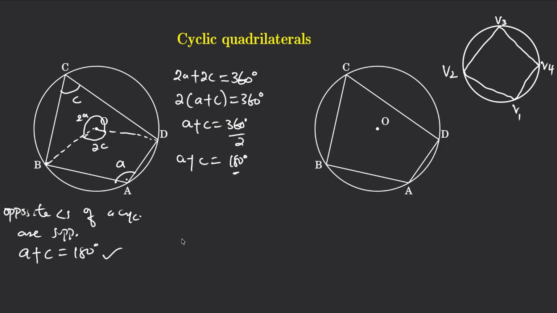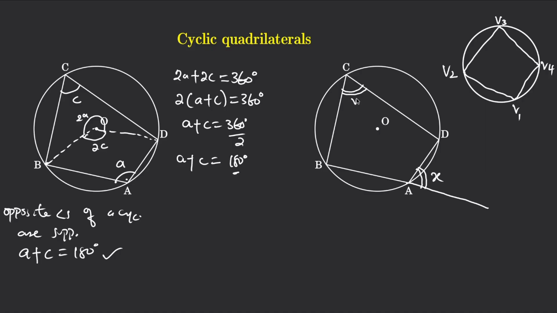Now we have a corollary to that theorem, that if one side of this cyclic quadrilateral is produced, let's say we're trying to produce BA, such that you have an exterior angle, right? So let's call this X. This exterior angle is equal to the opposite interior angle. Let's say this one here.